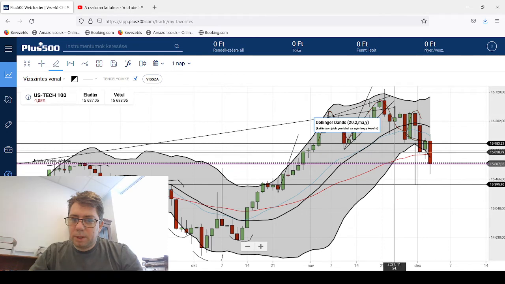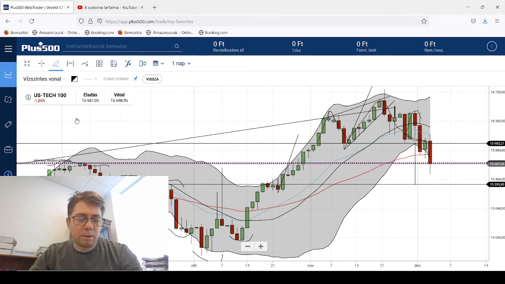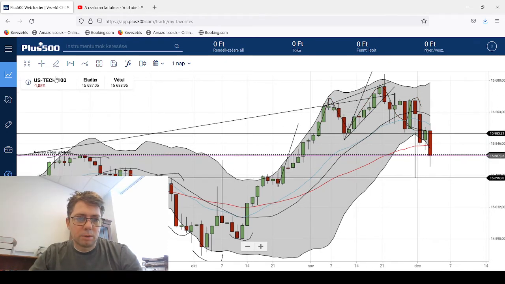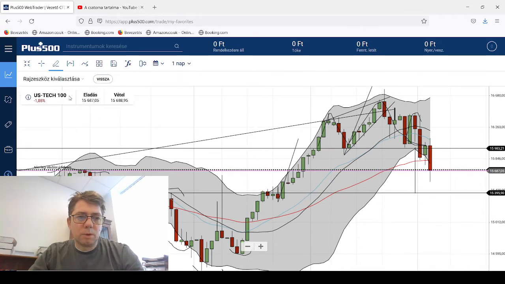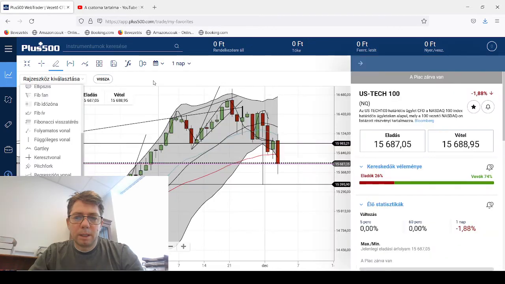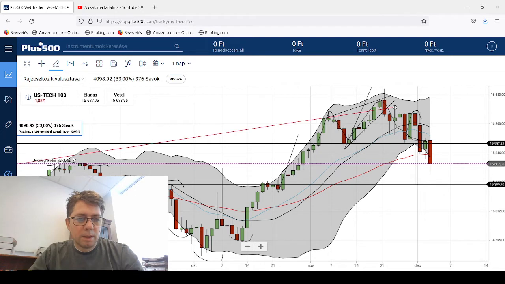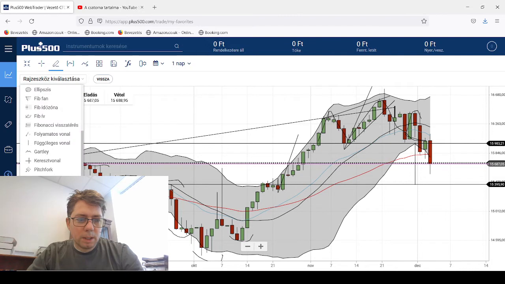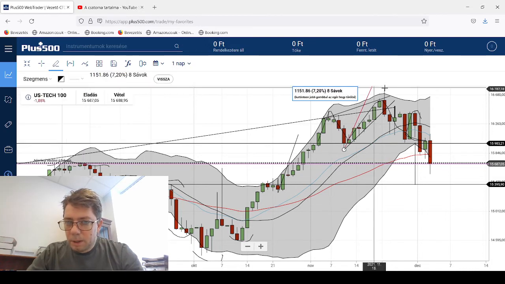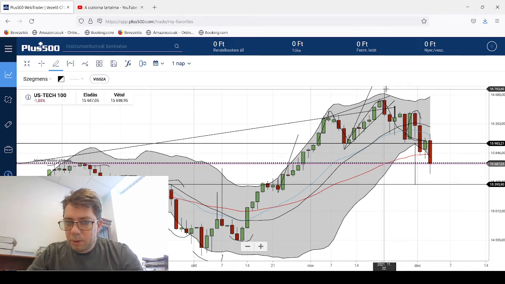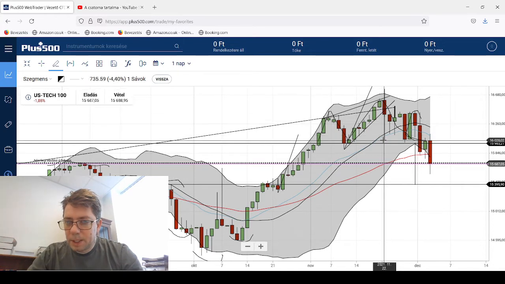And of course we can also make another prediction, which is not so conservative, when we measure the wicks as well. Let me just look at it and measure the wicks. So here we go, from the top. Could this be here?